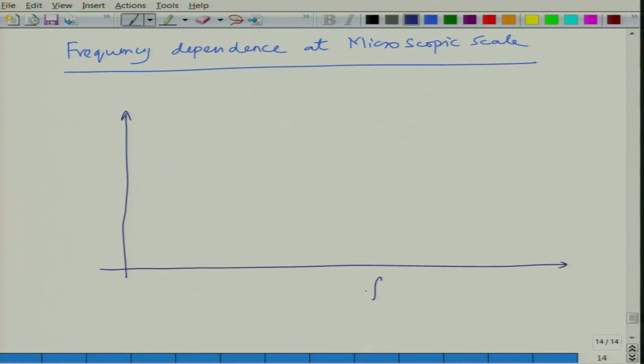You have frequency, f or omega, and then epsilon r. Now that we know it has a real and imaginary part, we will plot the real part. Initially we just plotted the scalar part, but here we know that it is a real part. So, this varies in this fashion.